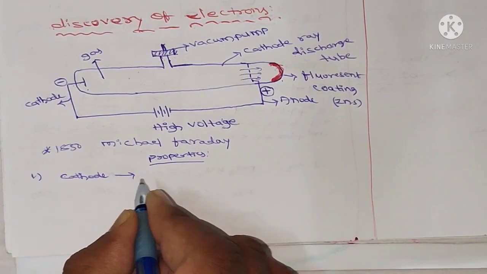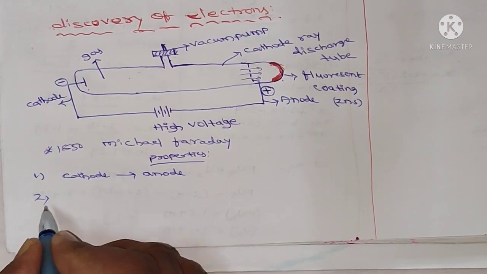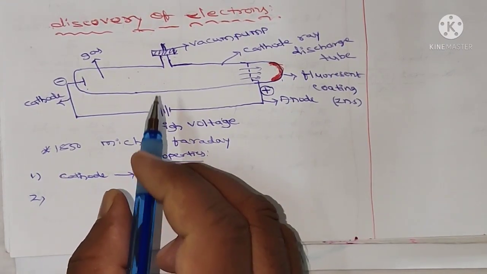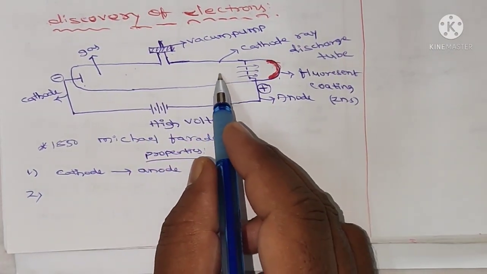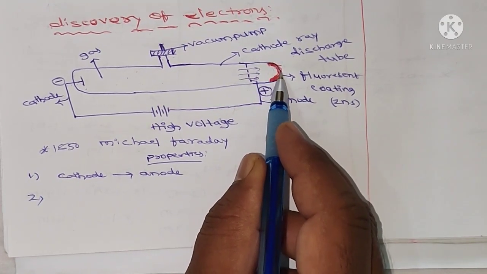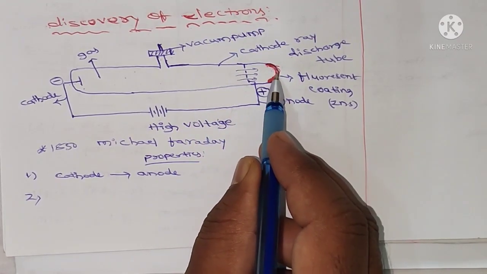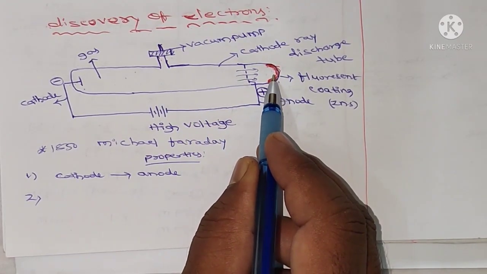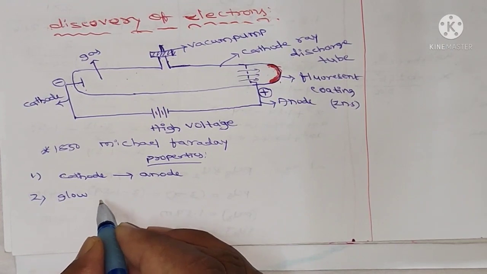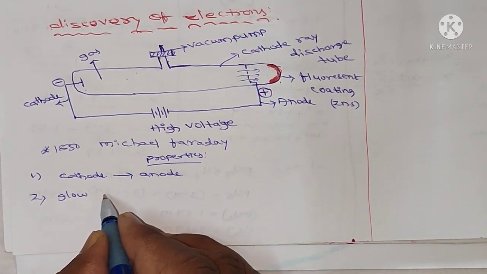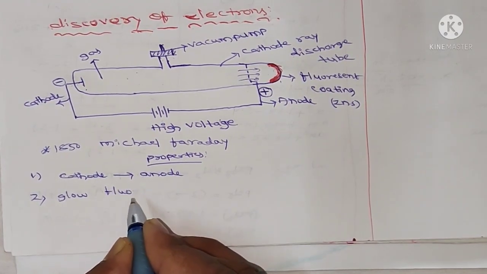These rays themselves are not visible, but they glow when they hit fluorescent or phosphorescent materials.